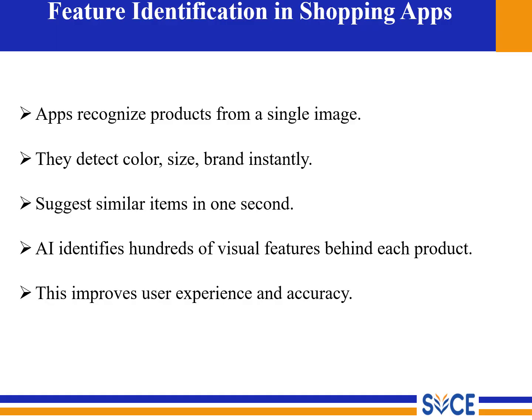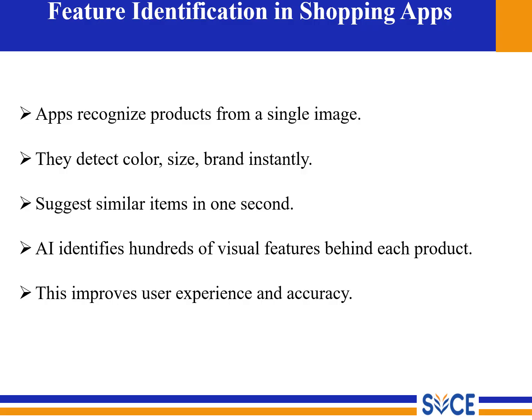So, product recognition systems. Many apps today can recognize products from a single image. For example, if you scan a product, the app identifies its color, size, brand and suggests similar items. This is achieved through feature extraction.